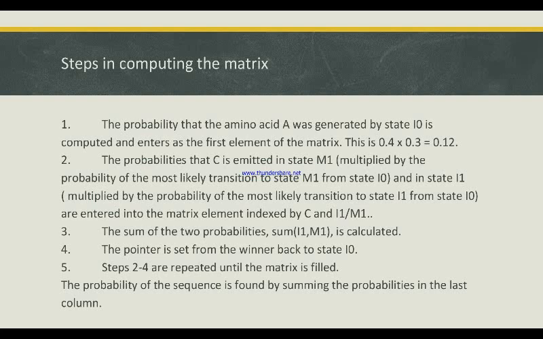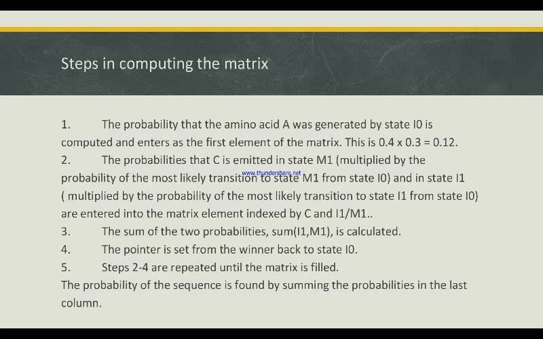This is 0.4 times 0.3, and we get 0.12. And then the probability that C is emitted in state M1 is multiplied by the probability of the most likely transition to state M1 from state I0, and the same for state I1, and these are entered into the matrix elements indexed by C and I1 or M1.